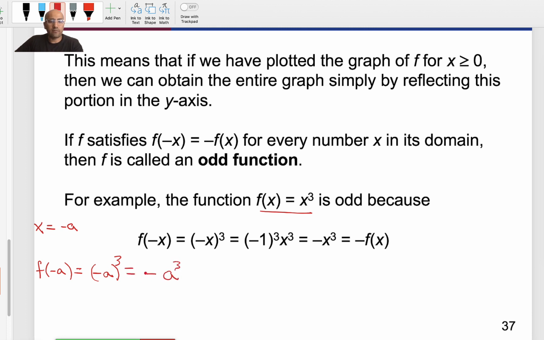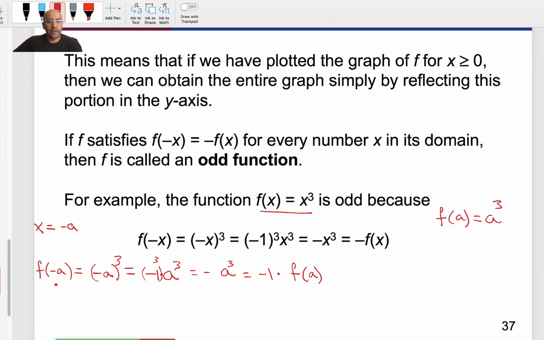Because negative 1 cubed, just like the data there, gives you negative a cubed, which is the same thing as negative 1 times f of a, because right? F of a is a cubed.